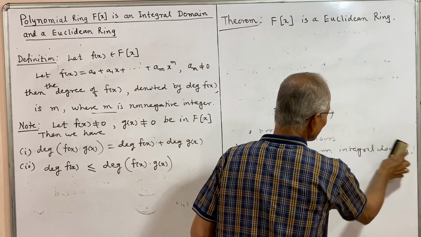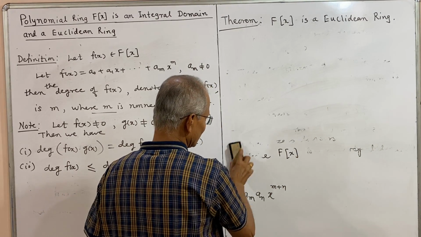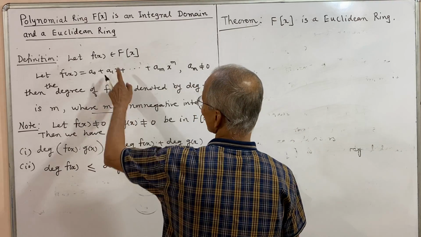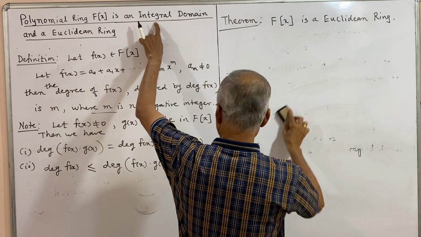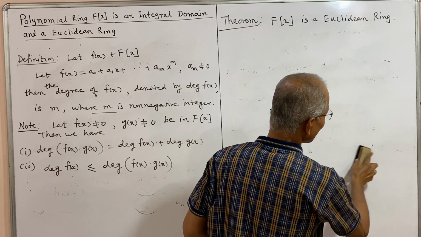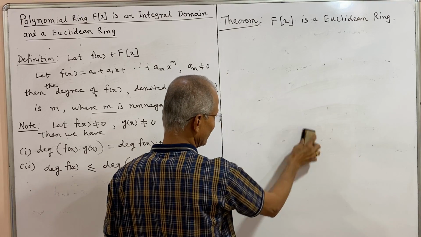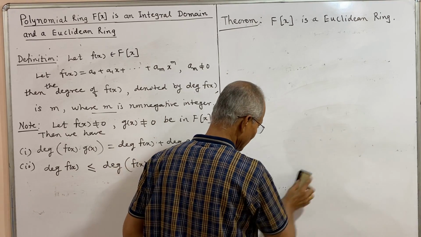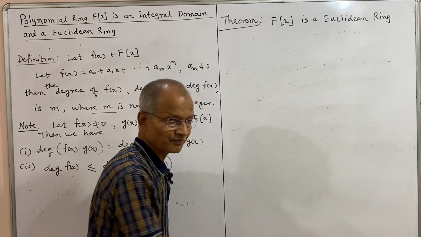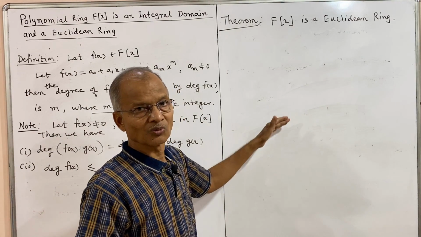Now, what is the definition of Euclidean ring that we have studied earlier? It is an integral domain, and we have just proved F[x] is an integral domain, in which to every non-zero element we have to assign a d function or Euclidean function, which is a non-negative integer, satisfying two properties.